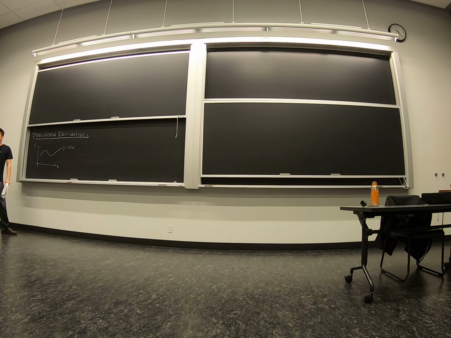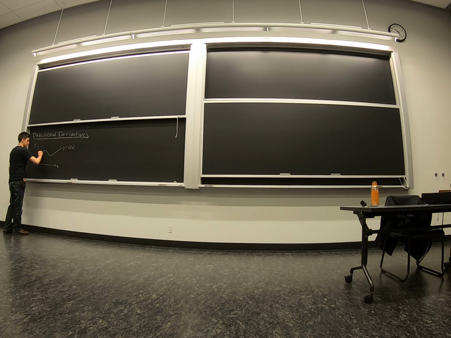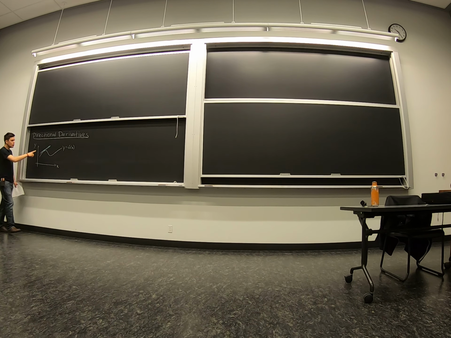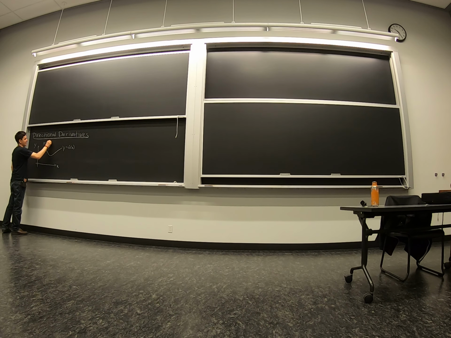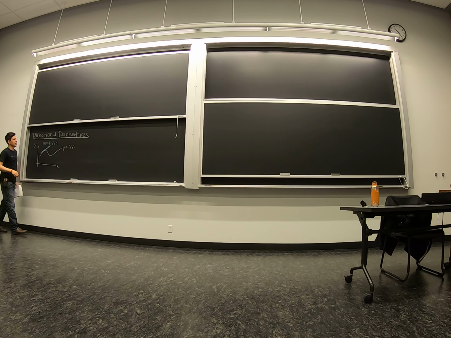Okay, so in a single variable, there's only one direction that you can change with respect to, right? You vary x, and your graph changes in some way. So you've got one notion of slope. Right? The slope of this tangent line is the slope of the curve at that point.